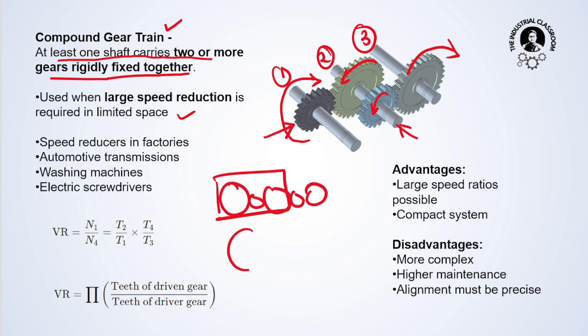But in compound gear trains, we are maintaining the speed of the smaller gear and the bigger gear, which are rotating at a single speed.